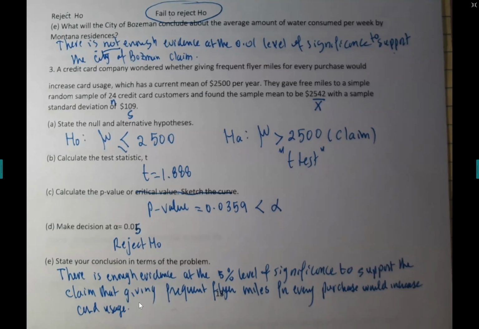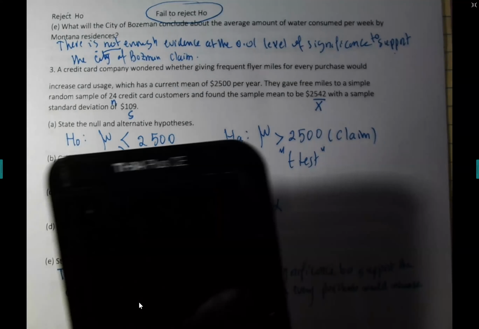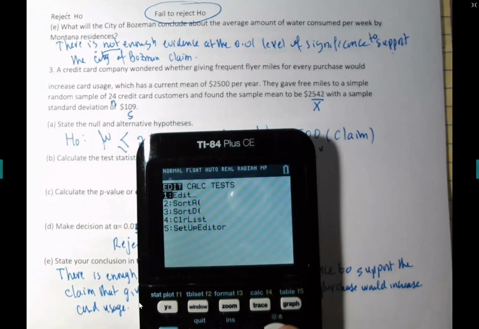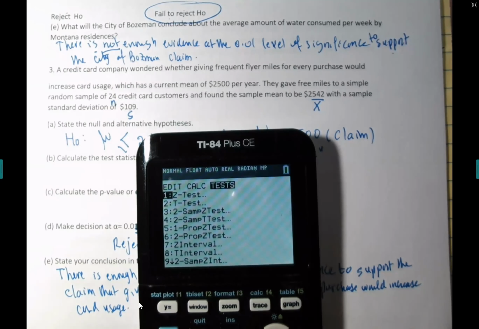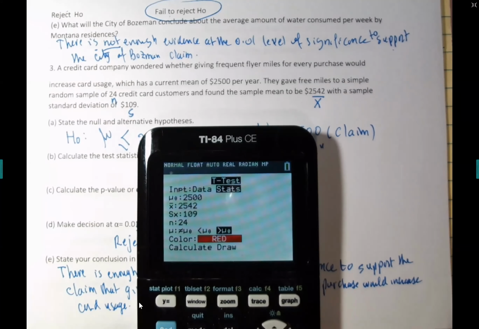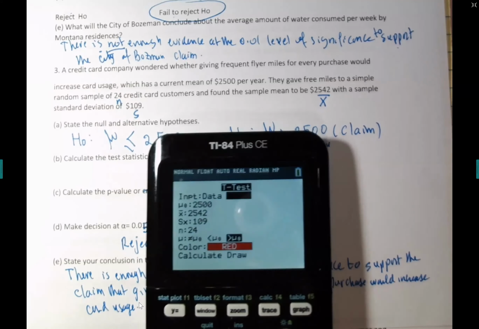Could you show me what you entered into your t-test? What we entered, the following: stat, tests, t-test. So we enter mu0 as 2500.